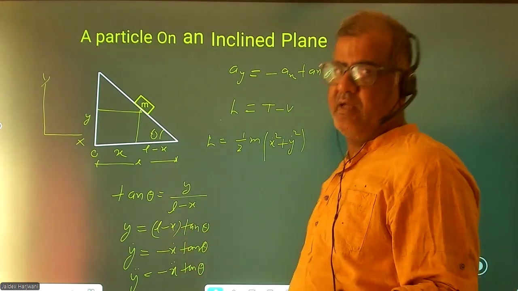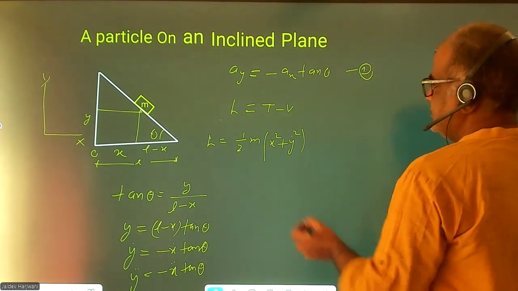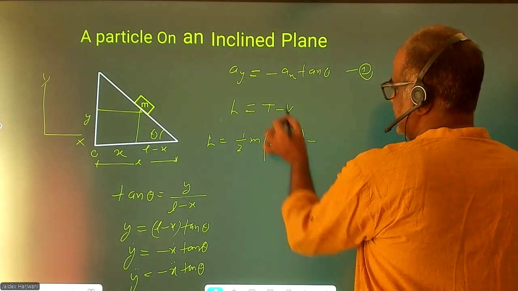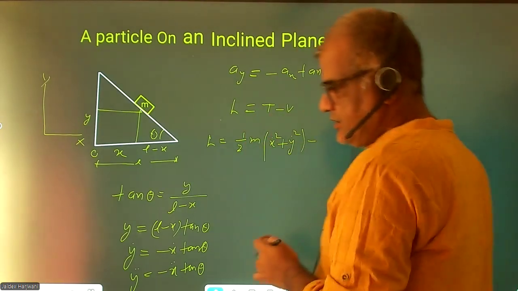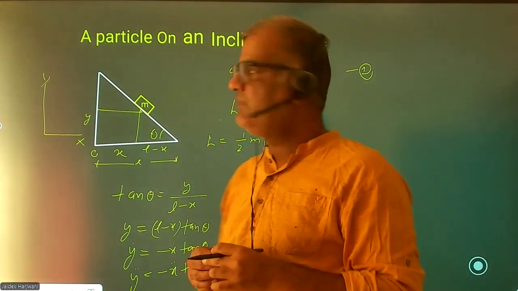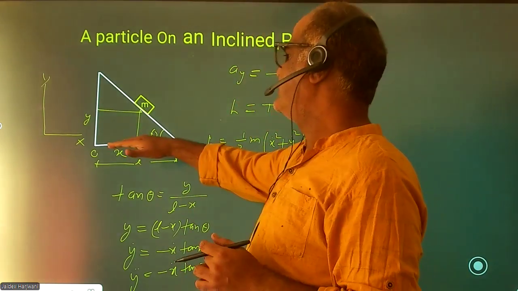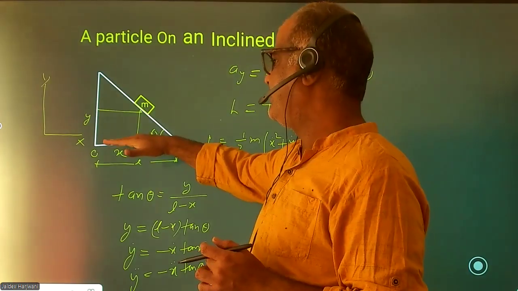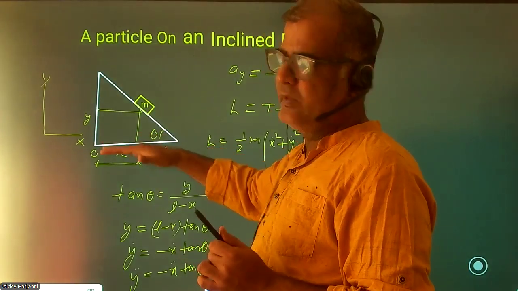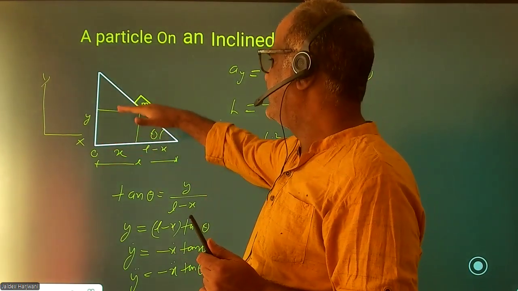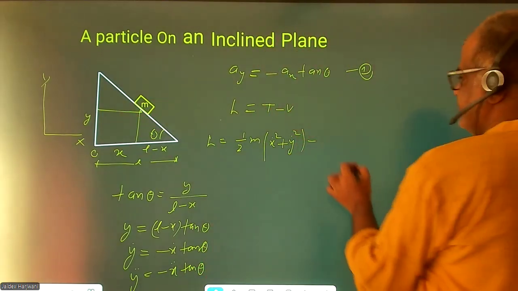So we have to write only one Lagrangian equation. This will be minus the potential energy. The particle is sliding because of gravity. If the potential energy is zero at this plane, I can write the potential energy here as mgy.